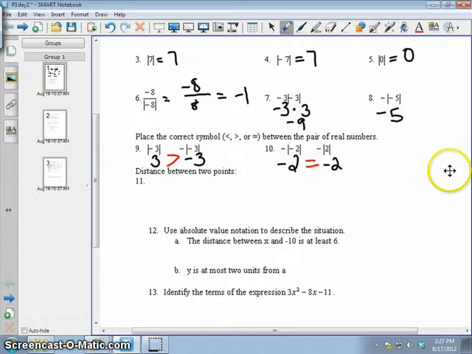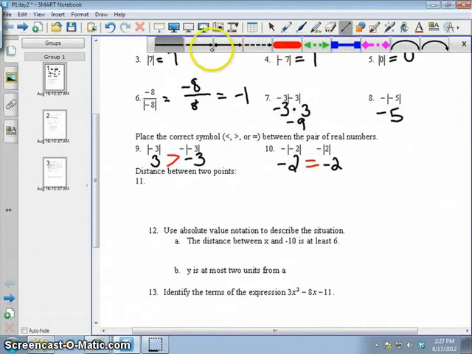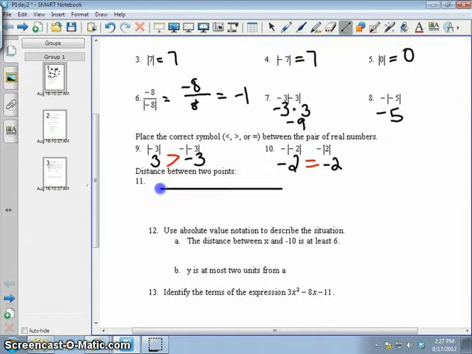Number 11, the distance between 2 points. I need you to please draw a number line here. And we're going to go ahead and put a negative 4 on this number line, and also a negative 3/4.